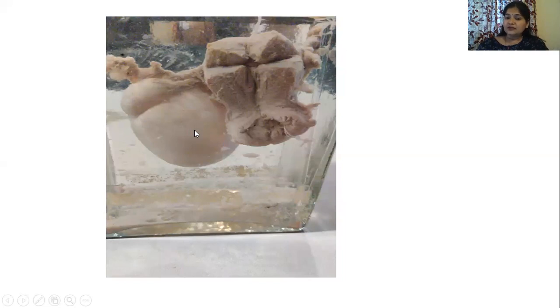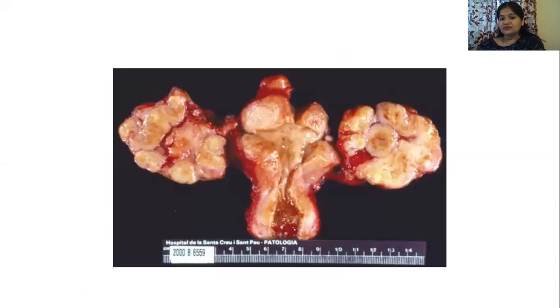And then the next question which can be asked to you is, now I had taken one more image for you. This is a typical fresh specimen of hysterectomy, in which this is the anterior surface of the uterus, and it is cut. It doesn't have much abnormality here, but there appears to be some mass here.